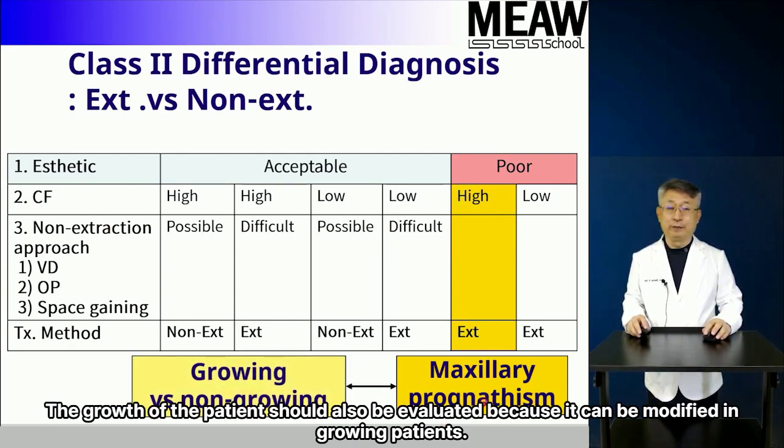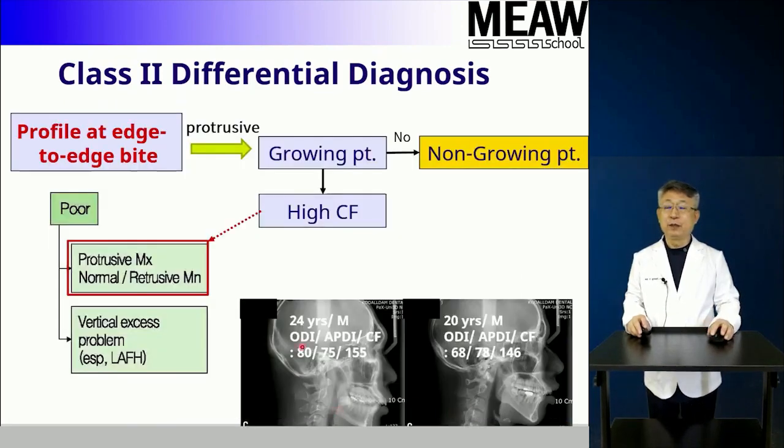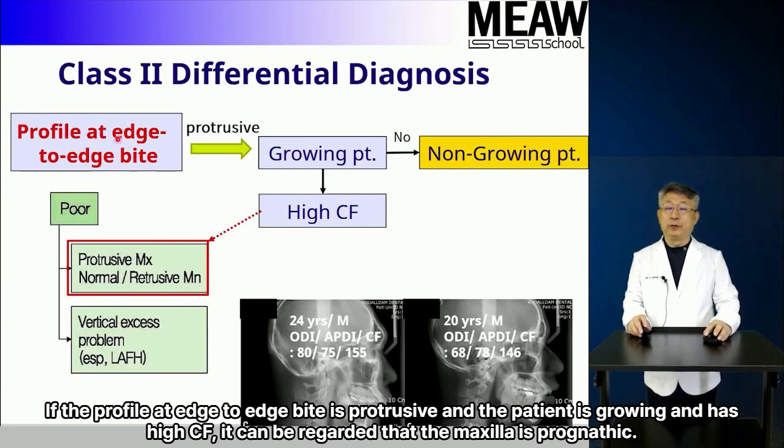The growth of the patient should also be evaluated because it can be modified in growing patients. On the other hand, growth cannot be modified in adult patients, so tooth extraction is necessary. If the profile at edge-to-edge bite is protrusive, and the patient is growing and has high CF, it can be regarded that the maxilla is prognathic.